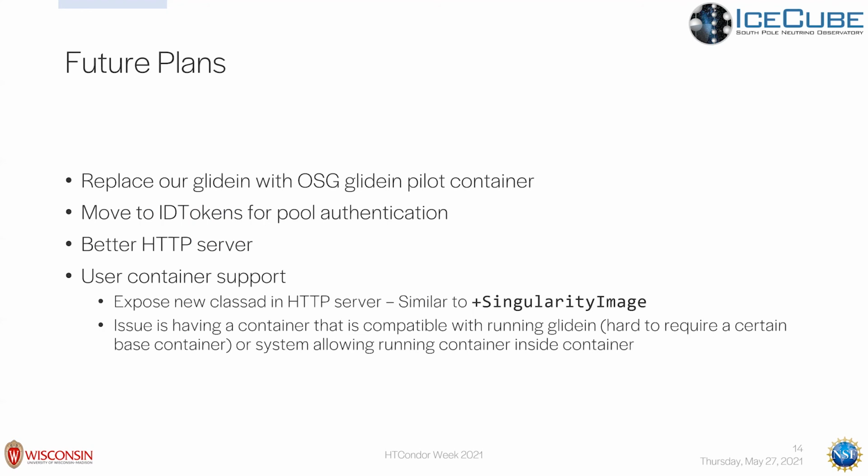We need to be sure that we can run HTCondor inside this container, and running containers inside containers is something we're running into. So we need to really think about a solution there.